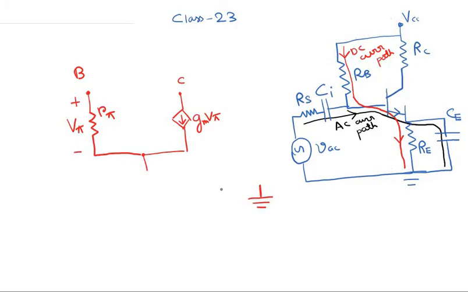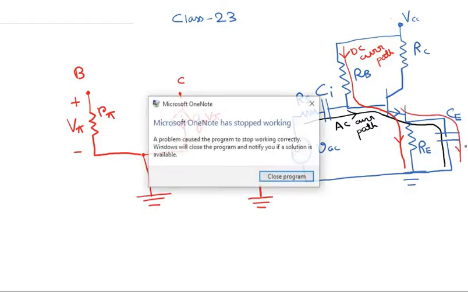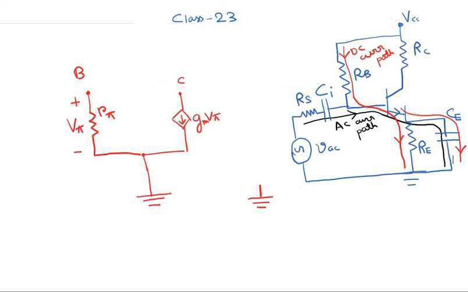Okay, so the emitter is basically directly connected to the ground over here, because the AC current directly comes out of the emitter and directly flows through this path, and CE is basically acting as a short circuit at the AC frequency. Since CE is acting as a short circuit at the AC frequency, therefore the emitter can be assumed to be directly connected to the ground.